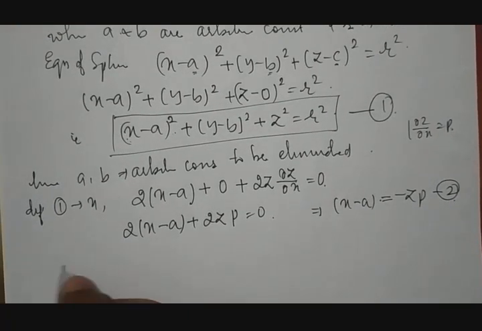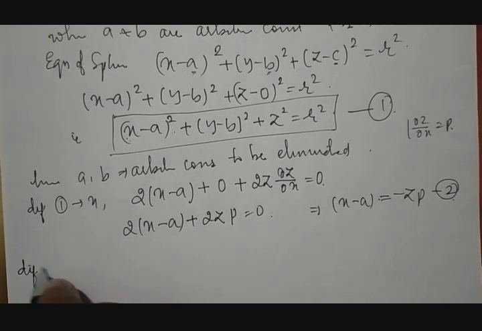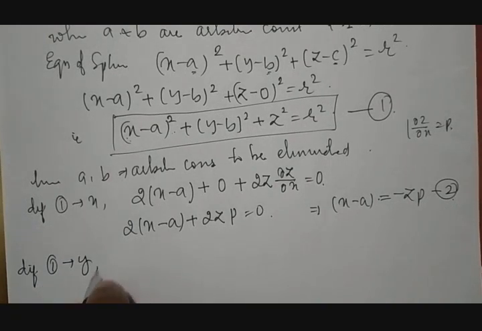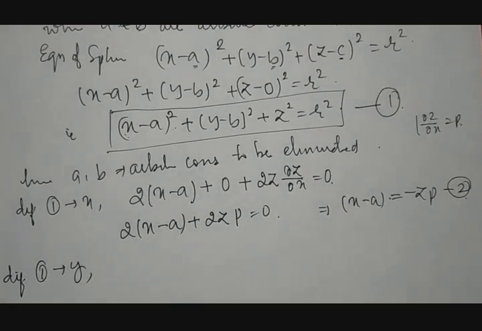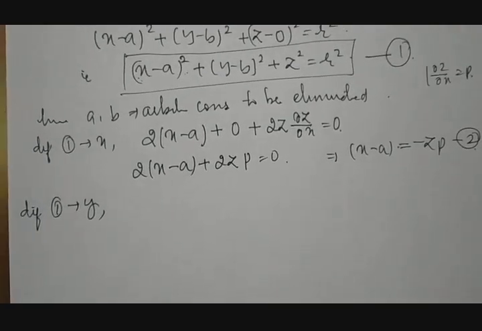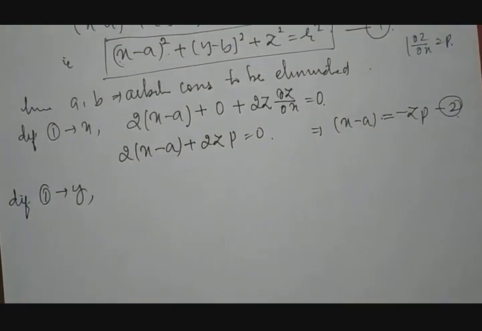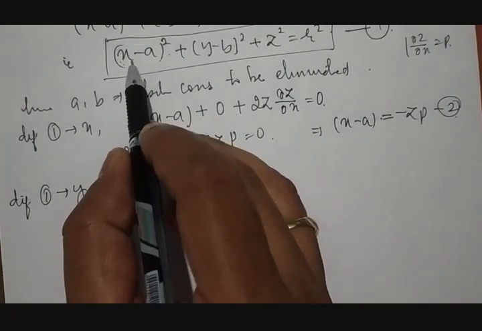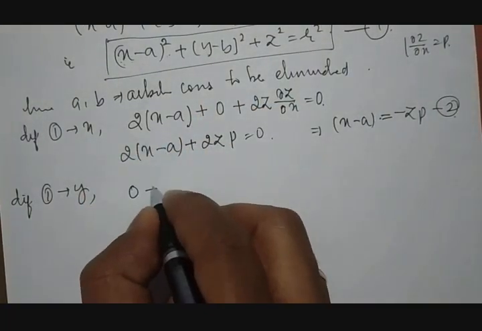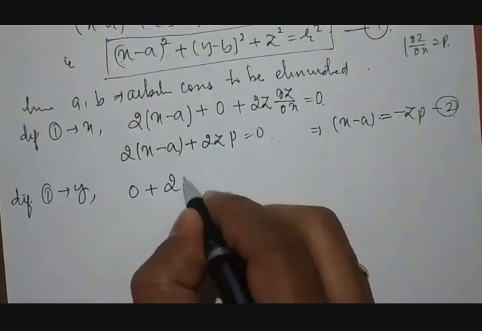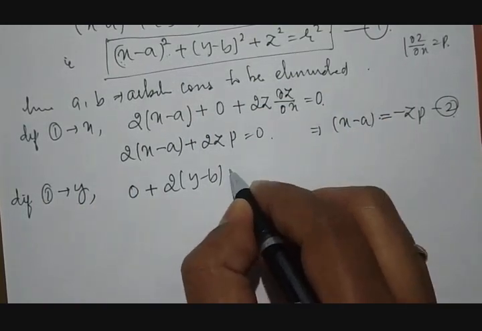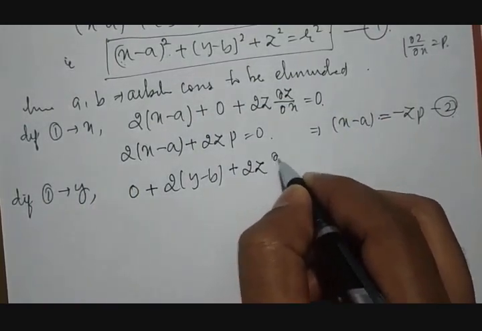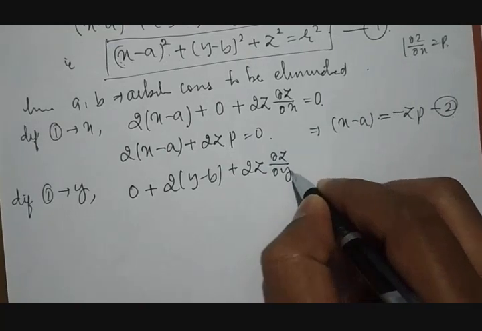Similarly, differentiate equation number 1 with respect to y partially. The first term is 0. Then this is 2 times y minus b plus 2z into dou z by dou y is equal to 0.